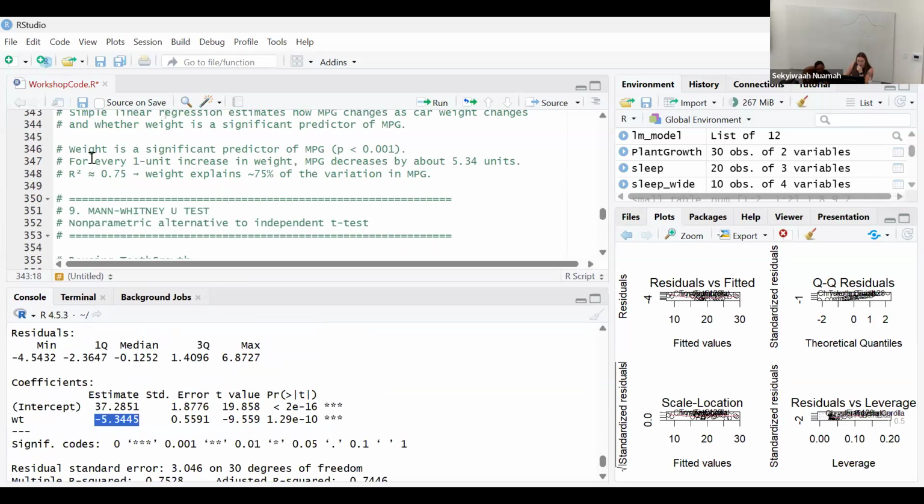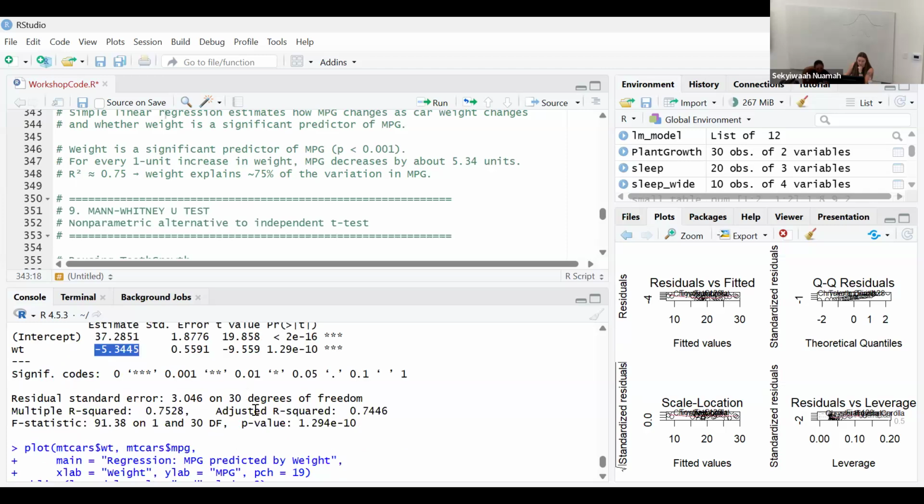That means for every 1 unit increase in weight, miles per gallon decreases by about 5.34 units. And here's our R squared value.